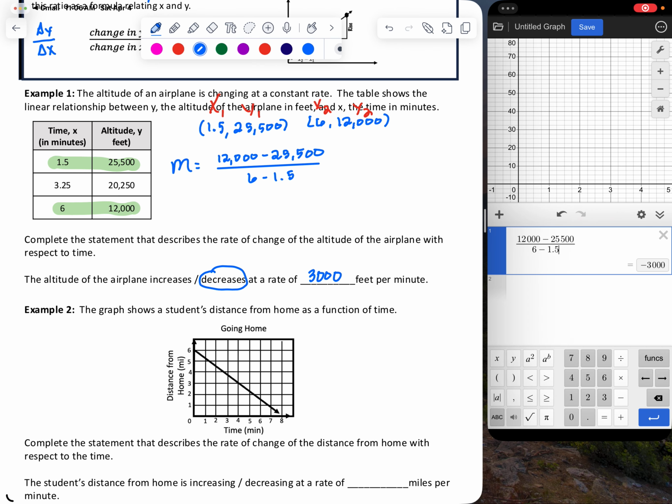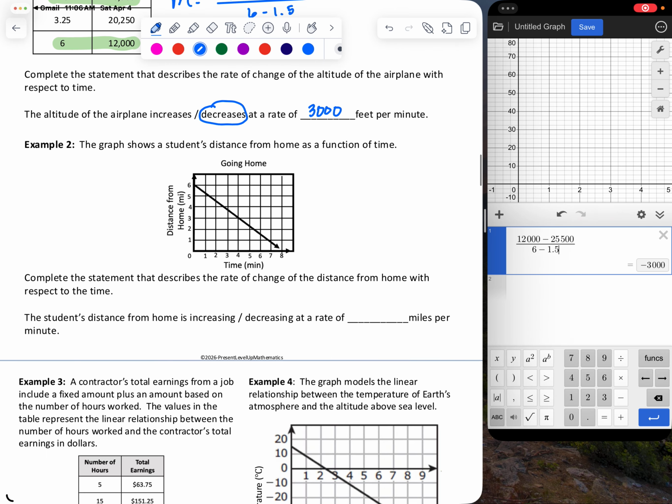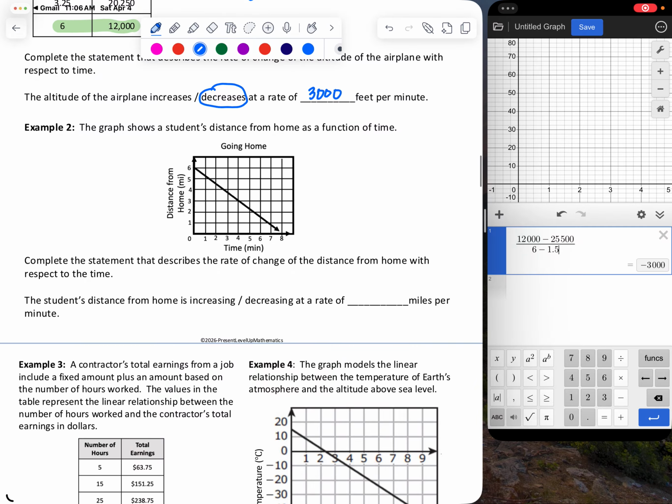All right, example 2. The graph shows a student's distance from home as a function of time. In this graph, we have time graphed on the x-axis in minutes, and it's scaled by ones. And on the y-axis, we have the distance from home in miles, and it's also scaled by 1 unit.